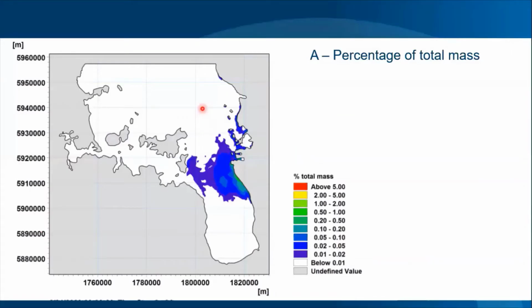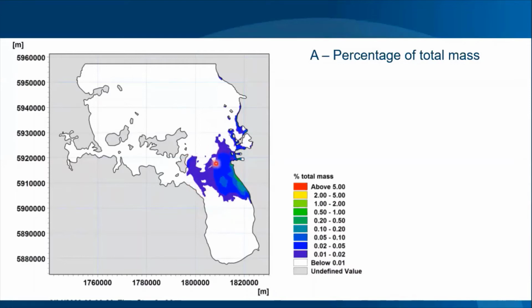So if we end up running the same model and mapping where the spread of that invasive species has been, this map's just showing the percentage of the total mass in the water column during the full simulation. So we see quite widespread movement along this coastline, strong tidal currents in this area moving the particles up and down the coast, some movement into the Coromandel Harbour and further north, and also some spreading across into the shallower areas here.